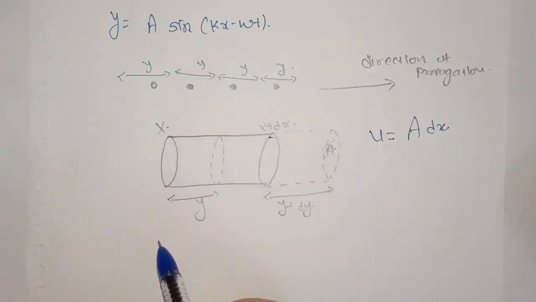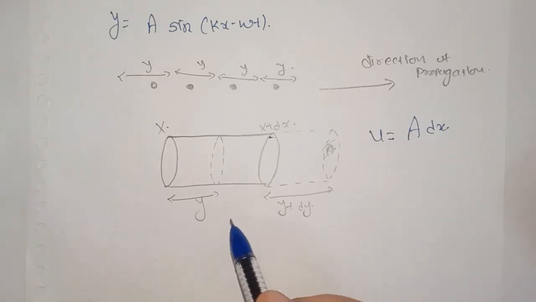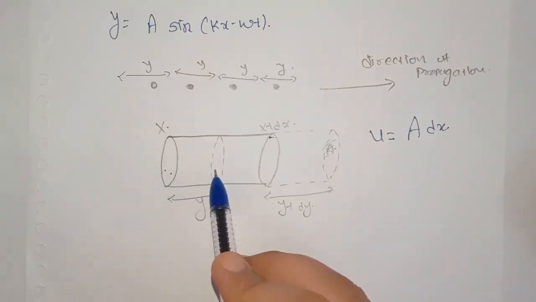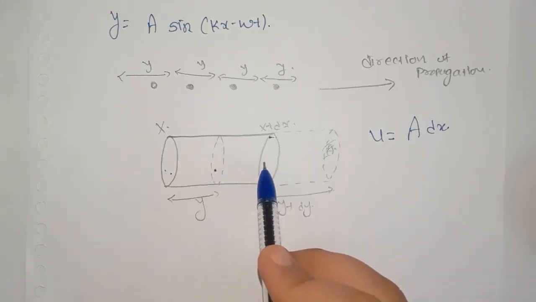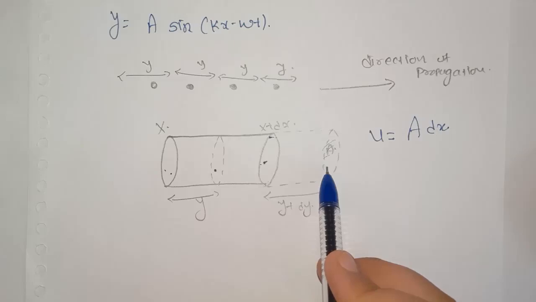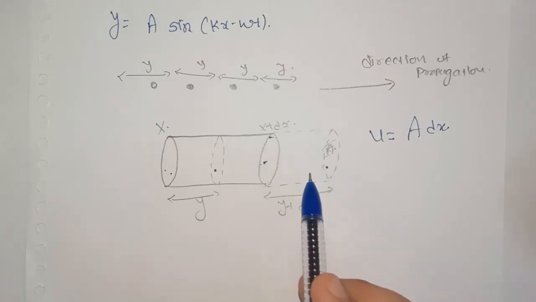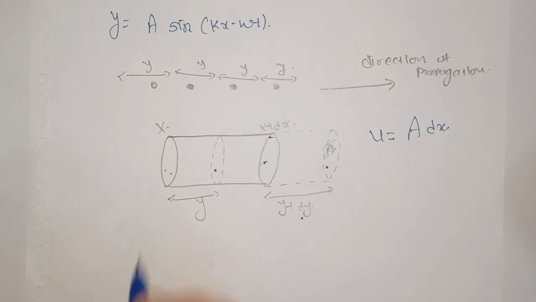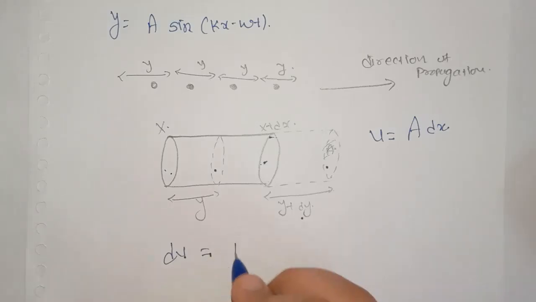Now, as we have a wave propagating through the element, the ends of the element are displaced. Initially, this end was at this position, it is displaced by y. The other end is also displaced by y plus dy. So, the increase in volume of the element is dV equals A dy.